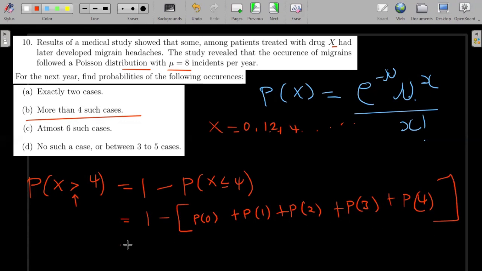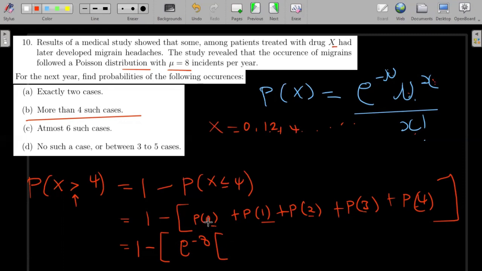If I have 0 there, wherever there's X, I'm putting 0. But remember, this e to the power minus 8 will be there and the 8 there. Since each one of these will have e to the power minus 8, I can factorize the e to the power minus 8. So what I will remain with will just be this to the power this, and then divided by that.